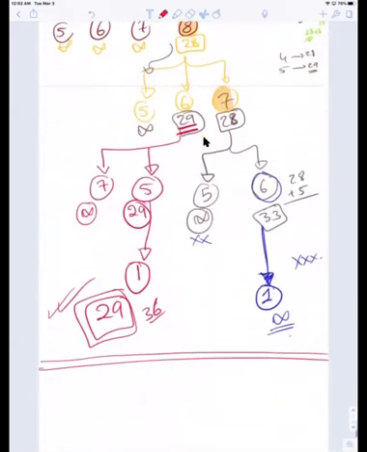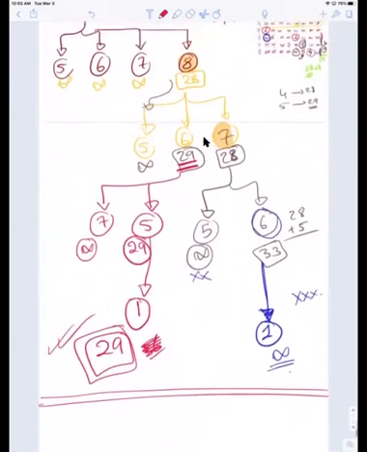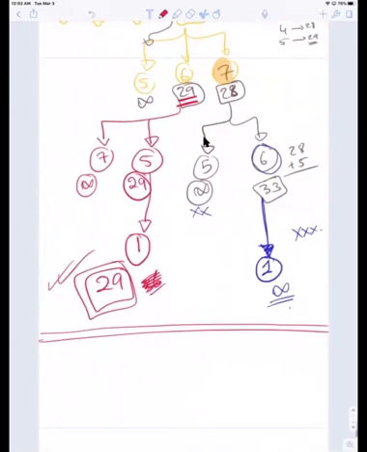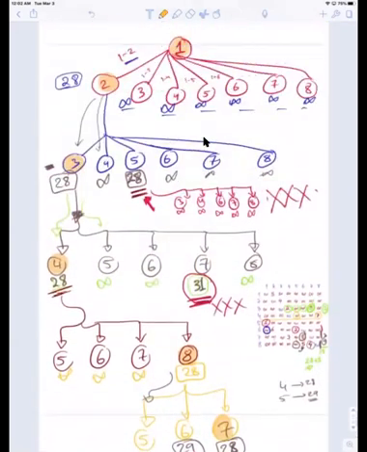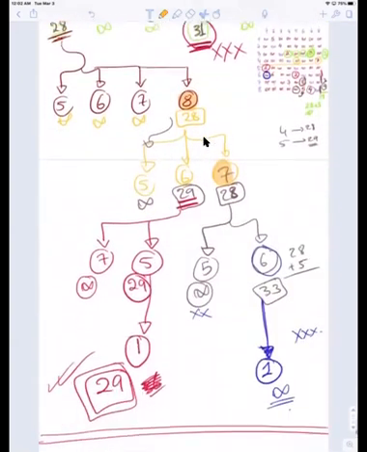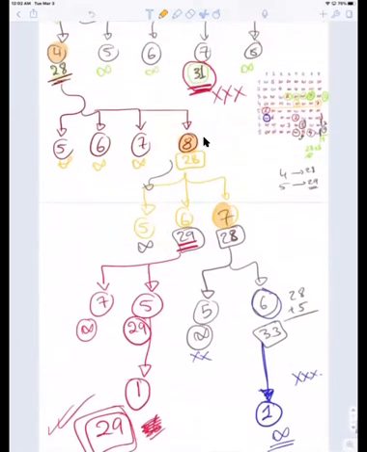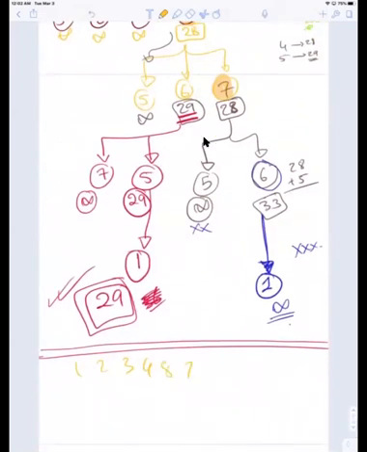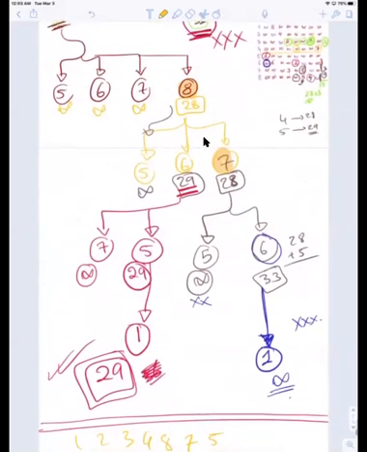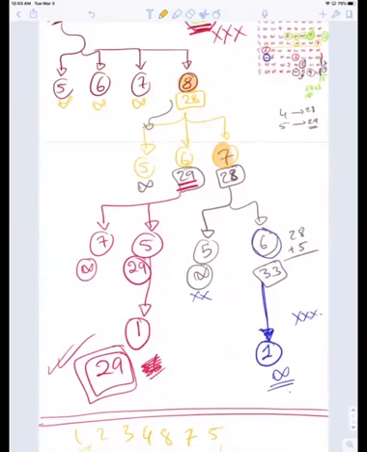But since we already got a lower answer, that means this is my final answer, and my minimum path will be 1, 2, 3, 4, 8, 7, 5, and back to 1. So that's it. Maybe I have to do a simulation to just verify the answer.